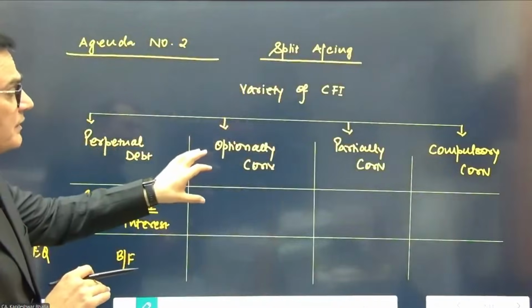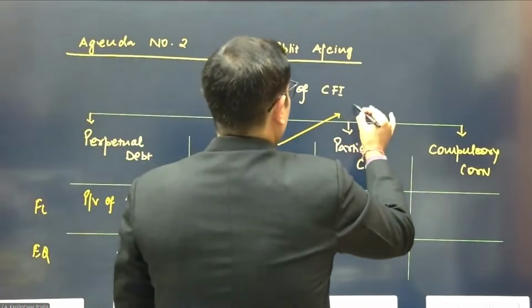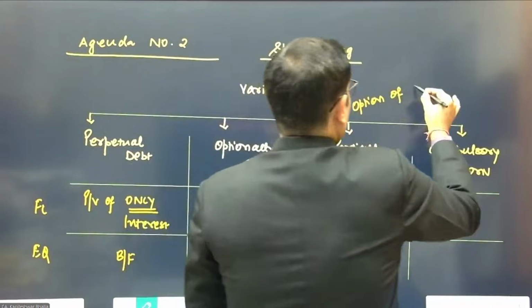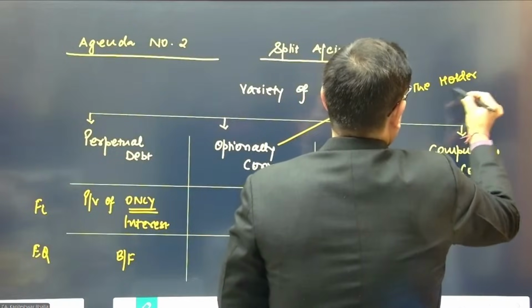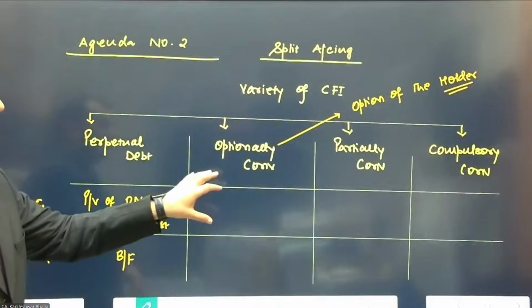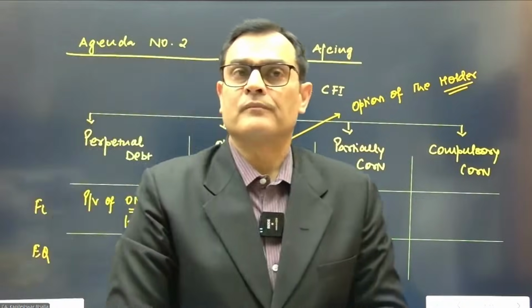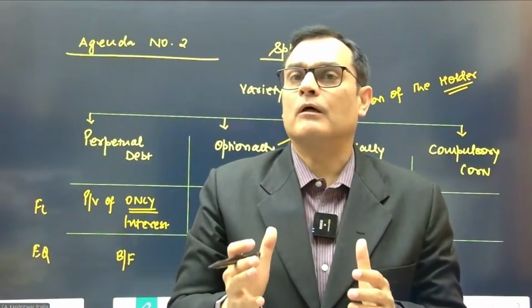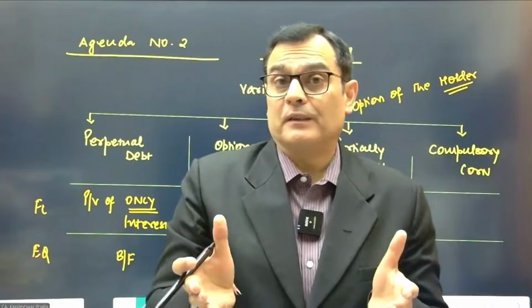The second is when you consider the optionally convertible. Here, the assumption is that it is convertible at the option of the holder. We have not discussed the option of the issuer in this case. We've taken a presumption that when I say optionally convertible, it is optionally convertible in the hands of the holder. So in any case, the issuer has got an unavoidable obligation to pay both the interest as well as the principal element.